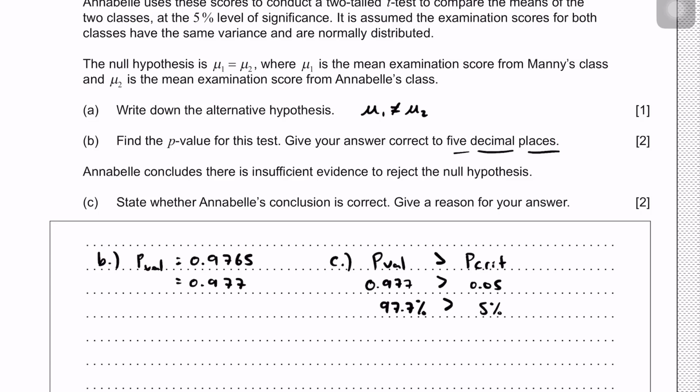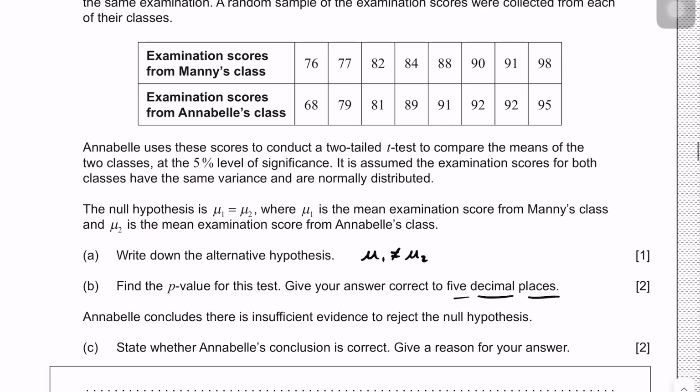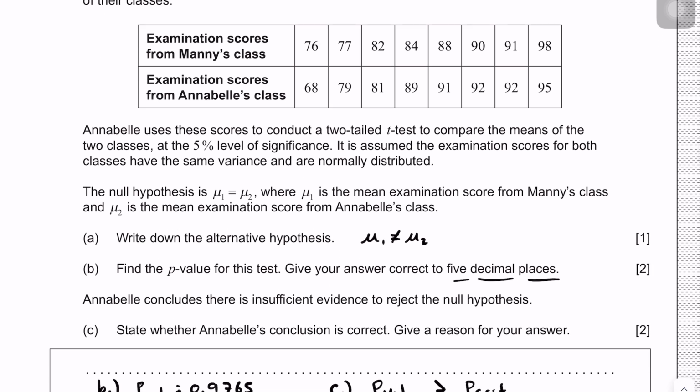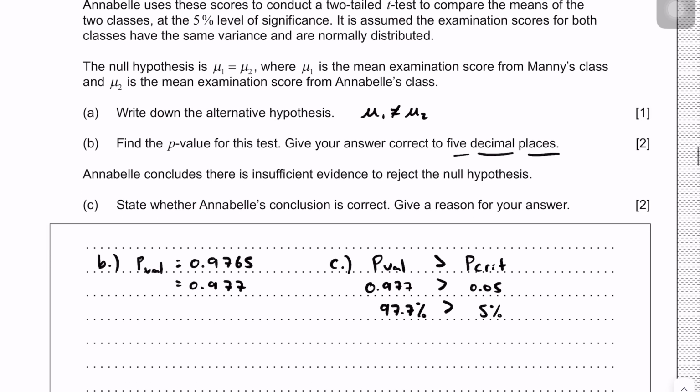And it's not particularly convincing to say that there's some kind of difference, because just based on randomness alone, we go to any two classes and look at their examination scores. Well, the probability that we're going to see this kind of difference in the means is not too convincing here. It's not too unlikely that we're going to see these results just based on chance alone.